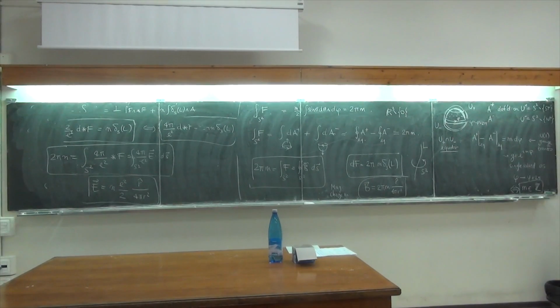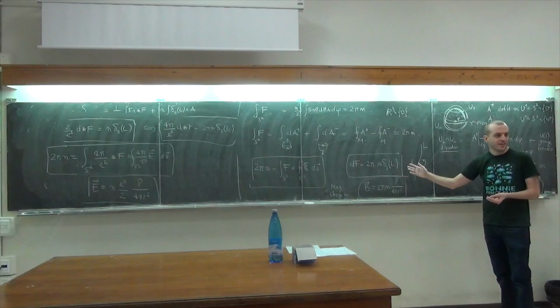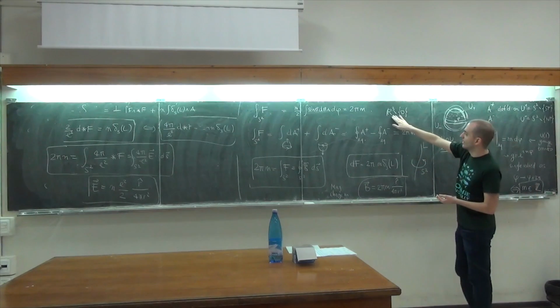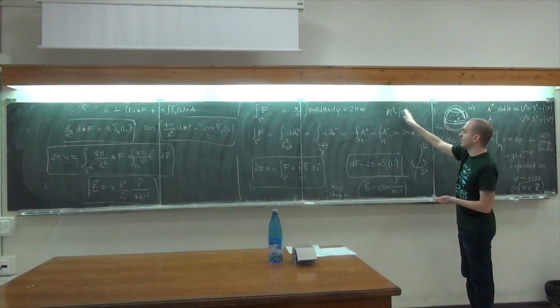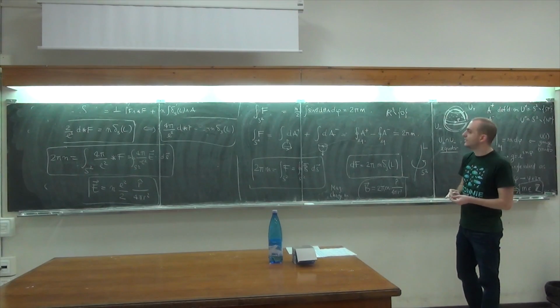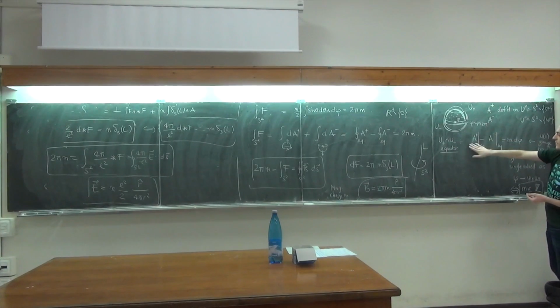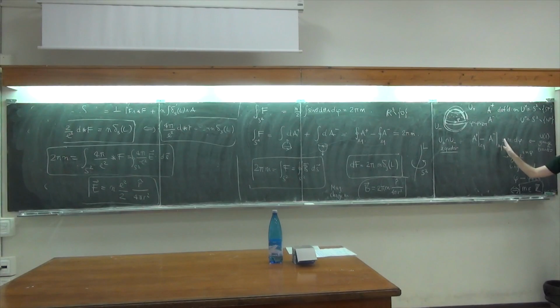But in modern language, you probably shouldn't think of a Dirac string. It's just that you're working on R3 minus the origin, and you need at least two patches to cover it. So you have to express how the gauge field in one patch is related to the gauge field in the other patch, and they have to be related by a U1 gauge transformation.